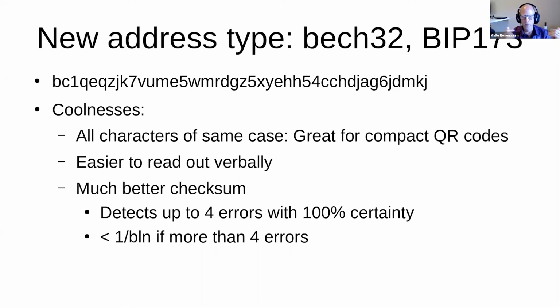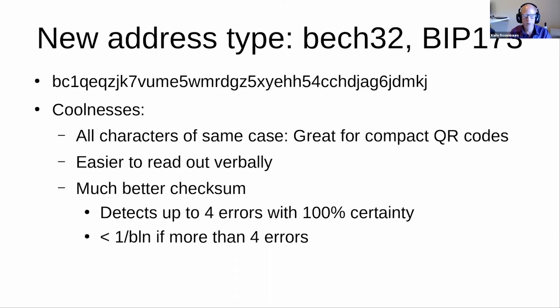And even if there are more than 4 errors, 5, 6, or 10 errors, it will fail to detect that with a probability of less than 1 in a billion.